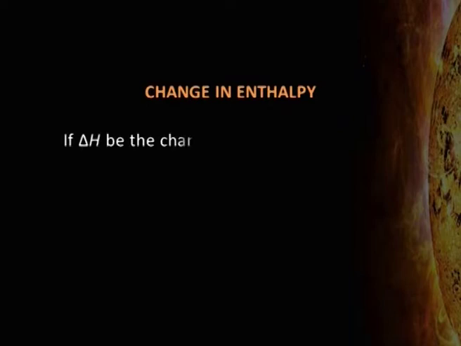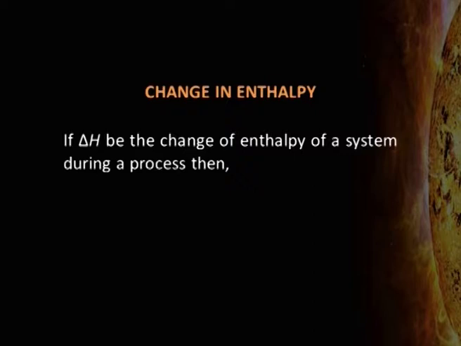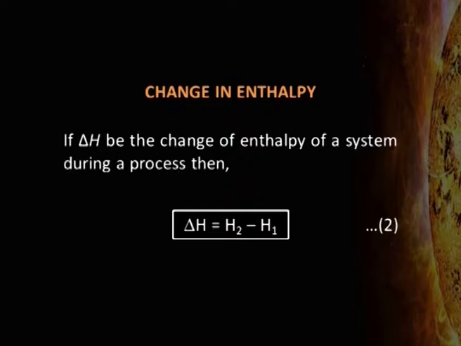If delta H denotes change in enthalpy during a process, then delta H will be equal to H2 minus H1, where H2 is the final enthalpy of the system and H1 is the initial enthalpy of the system.